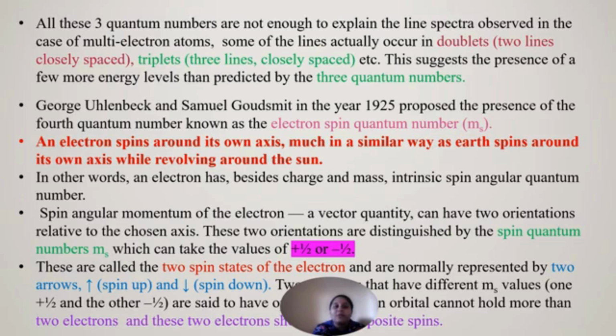The spin angular momentum of the electron is also called a vector quantity, and it has 2 orientations with respect to a single axis, that is the positive and the negative.